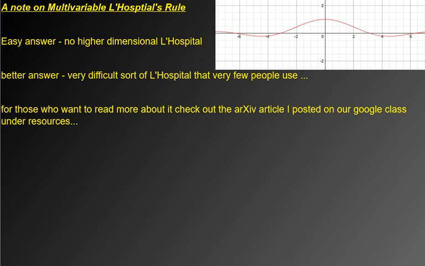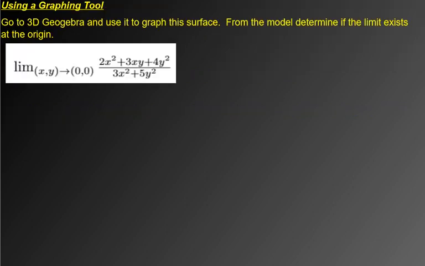The one thing I was going to add is, take this thing. If you were asked in the real world to find this limit, you might be able to figure it out using some algebra trick, but honestly, most people just go to programs that do 3D graphing, like 3D GeoGebra or the Math 3D program, and they usually just plug it in.